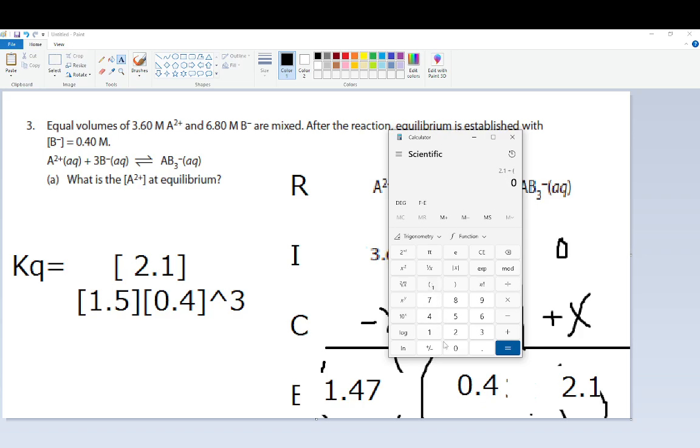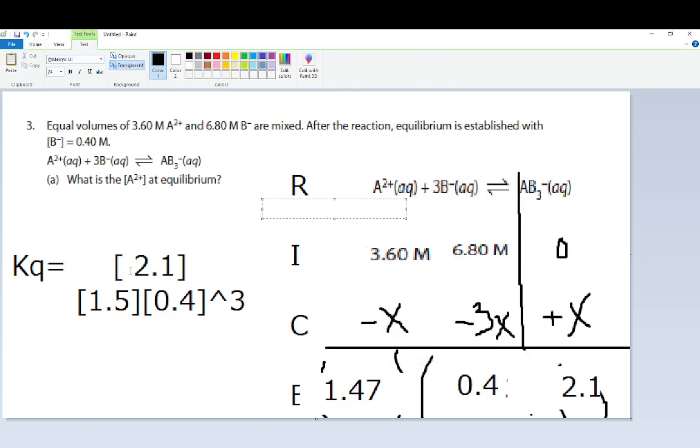So divided by open bracket 1.5 times 0.4 to the power of 3, close brackets, equals. And this is our KEQ, 21.875. And we also have to remember that we're to two significant digits, so it's 22.